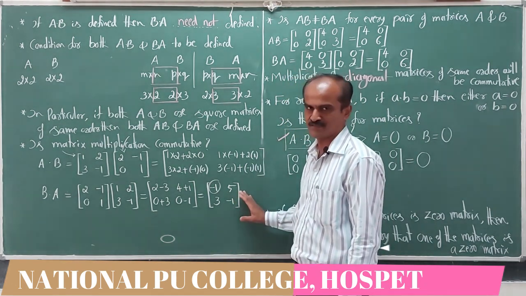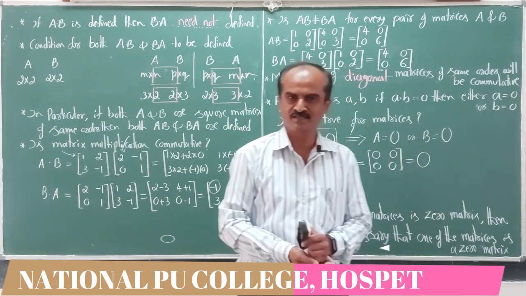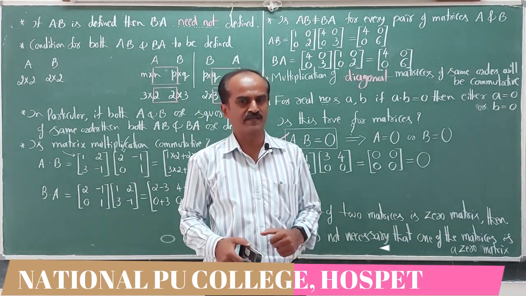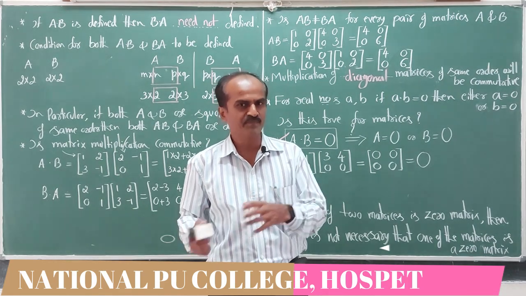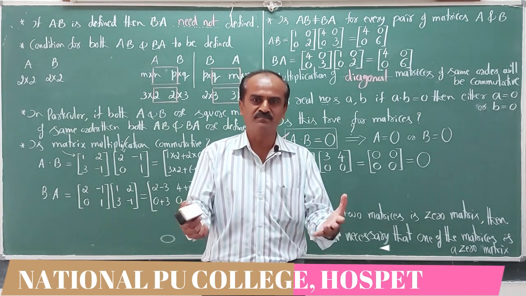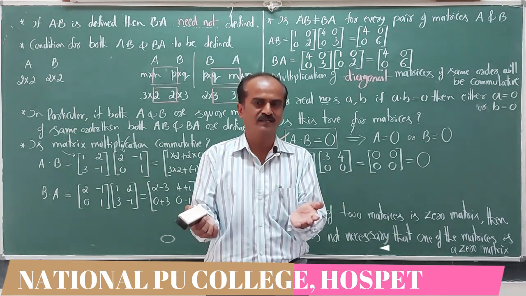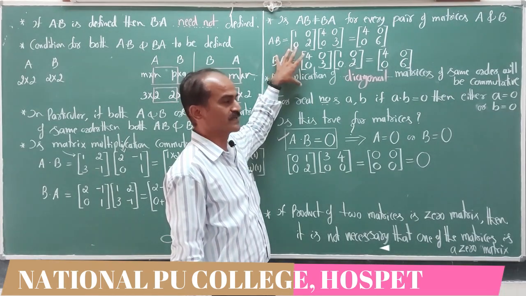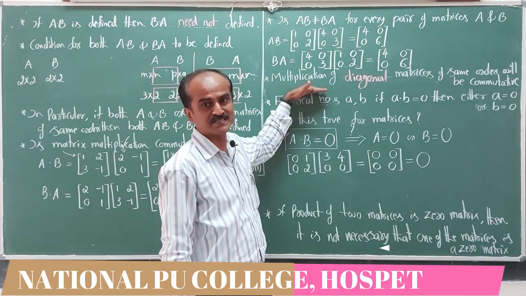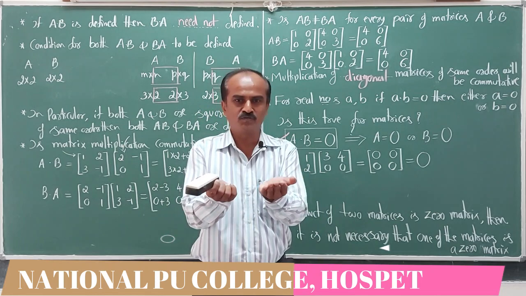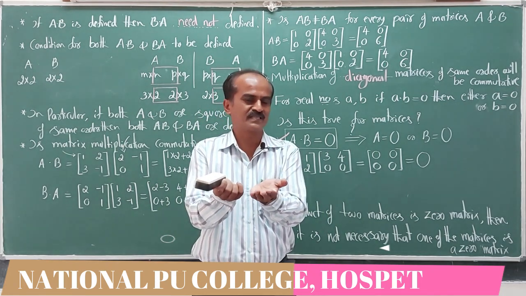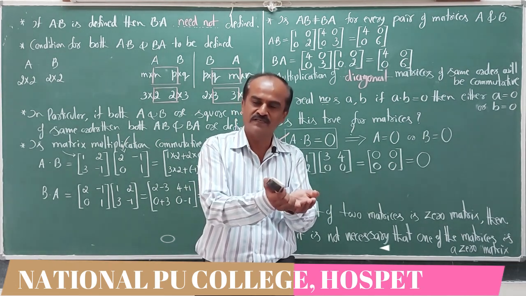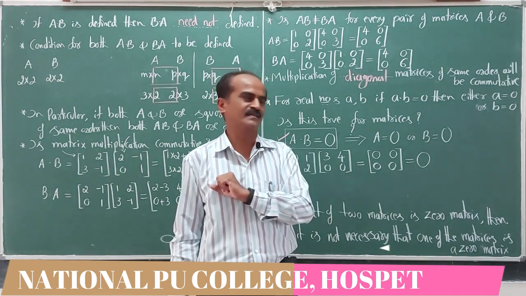No, here it is. Then we discussed, AB is not always equal to BA for any pair of matrices. When AB, BA are defined, maybe some matrices A and B exist such that AB equals BA. What kind of matrices are they in general? They are diagonal matrices of the same order. When you take two diagonal matrices of the same order, then AB, BA are defined and both will give us the same resulting matrix.